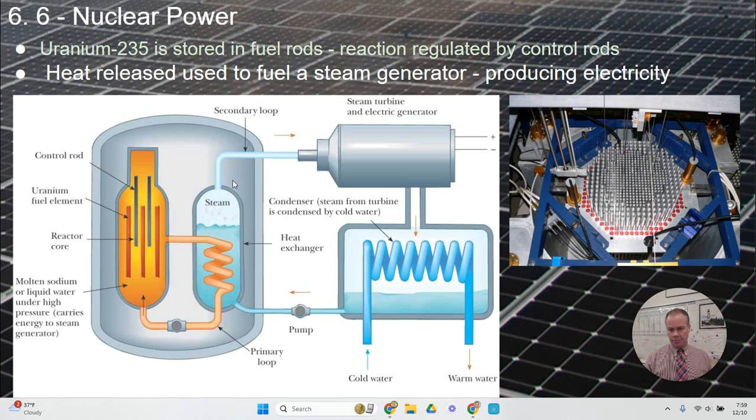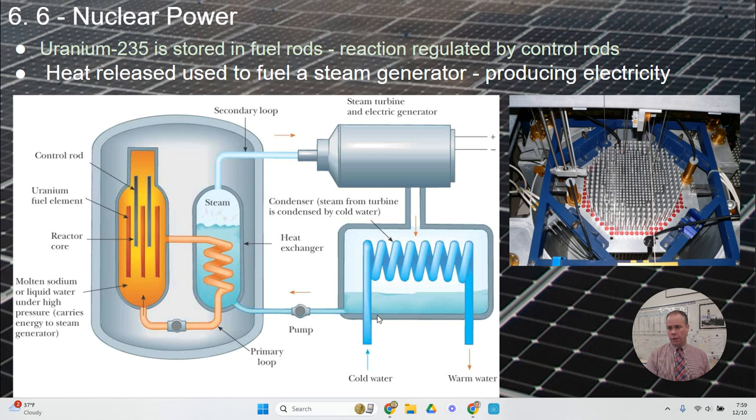And that steam, as it rises, spins the turbine connected to a generator, which generates electricity. Now, obviously, large amounts of steam are produced, and that steam has to be cooled down to cycle this water through the system. And so there's also typically an apparatus for cooling that steam back to water to pump it back to be reused. So this is a separate loop.